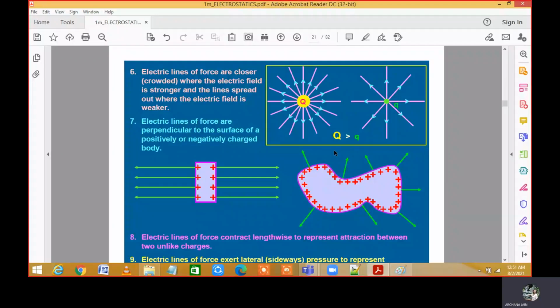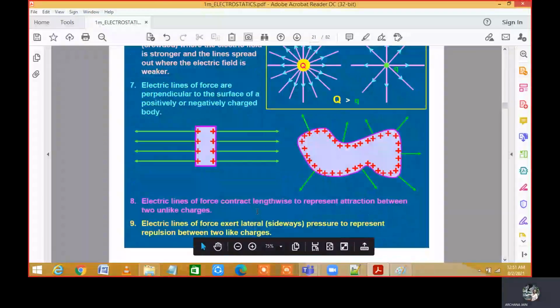This means capital Q is greater than small q, and the electric field of capital Q is greater than the electric field of small q. The electric lines of force are perpendicular to the surface of a positively or negatively charged body. See the figure, the electric field lines are perpendicular to the surface of a conductor.